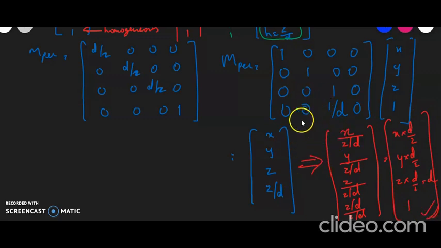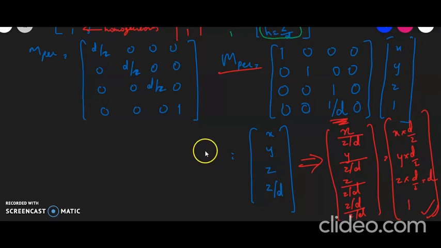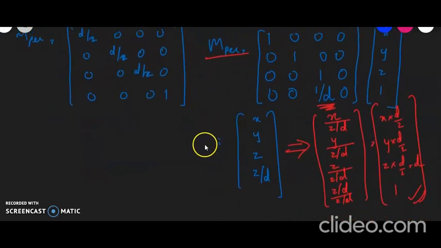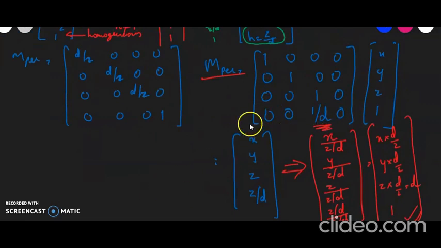The only thing is that the representation I am giving to the M perspective matrix is such that I want the values 1 here, and I'm trying to use the homogeneous value so that the matrix is simplified. Ultimately, what we are getting is what has been derived previously. This is only the format of representation that we have changed.